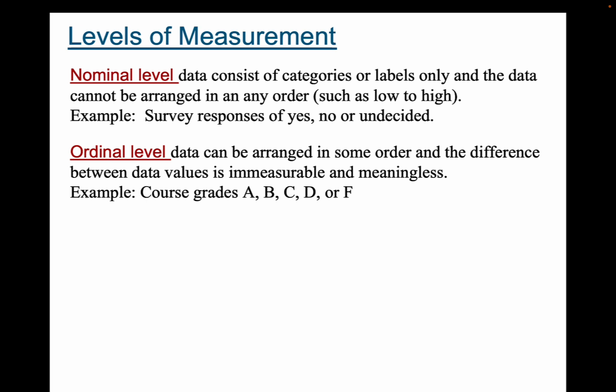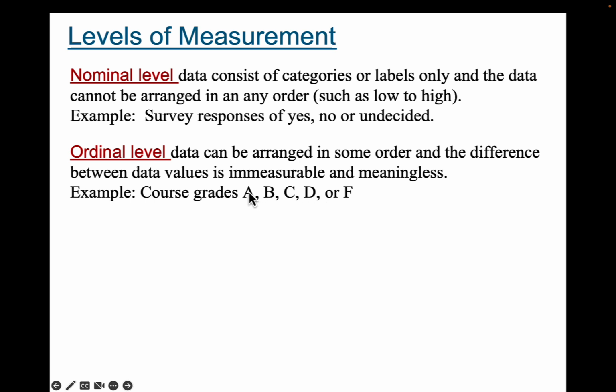Ordinal level of data can be arranged in some order, and the differences between the values are immeasurable or meaningless. Let's talk about this example to help explain. The course grades based on letters would be A, B, C, D, and F. So these can be arranged in order from passing to failing, best to worst, however you want to think about it.